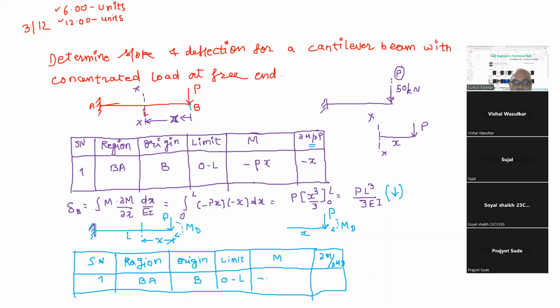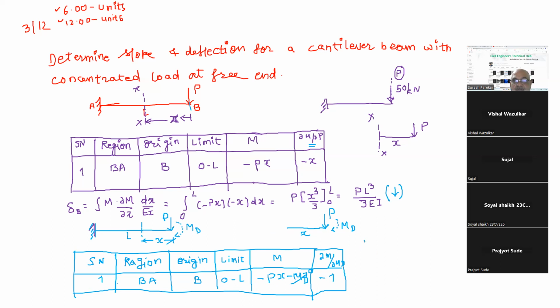It will be minus Px minus Md. And then take the derivative with Md, so it will be minus 1. Now as Md is a dummy load, after taking the derivative, put its value as 0.